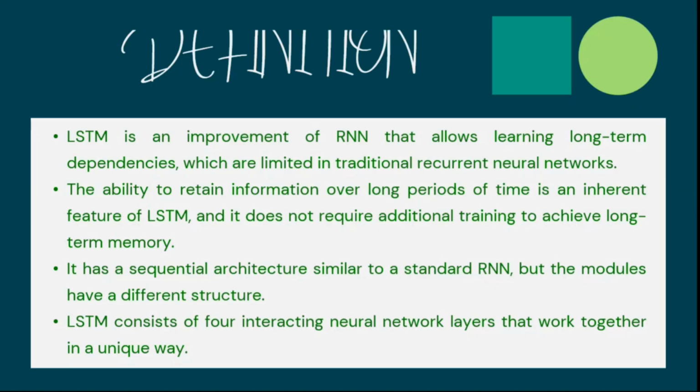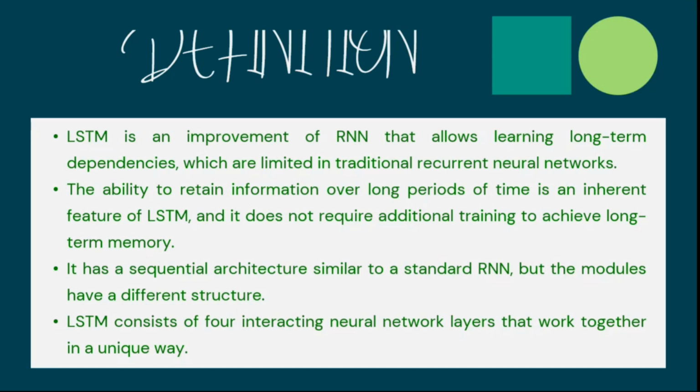And so let's explore what an LSTM model is. First, let's understand the definition of an LSTM model. An LSTM model is an improvement of RNN that allows learning long-term dependency without the limitations of a traditional recurrent neural network.